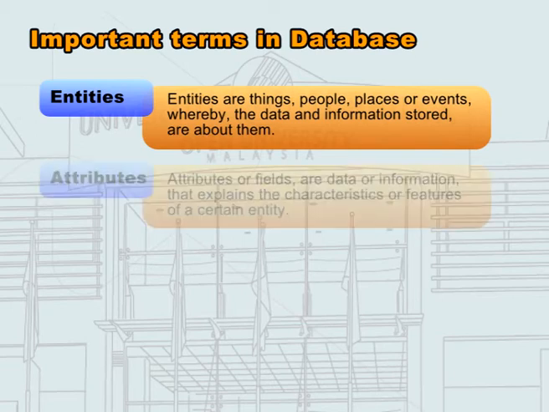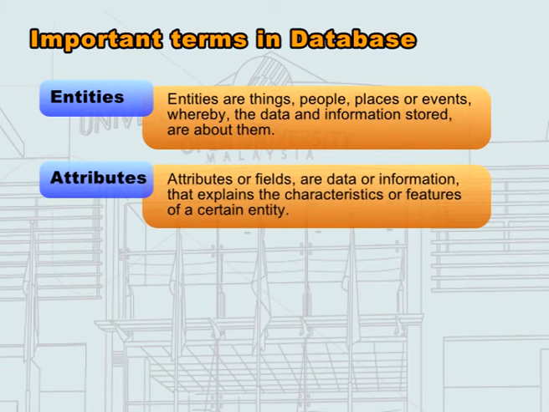2. Attributes or fields are data or information that explains the characteristics or features of a certain entity. For example, for a student entity, the attributes are name, address, date of birth, matrix number, and gender. 3.